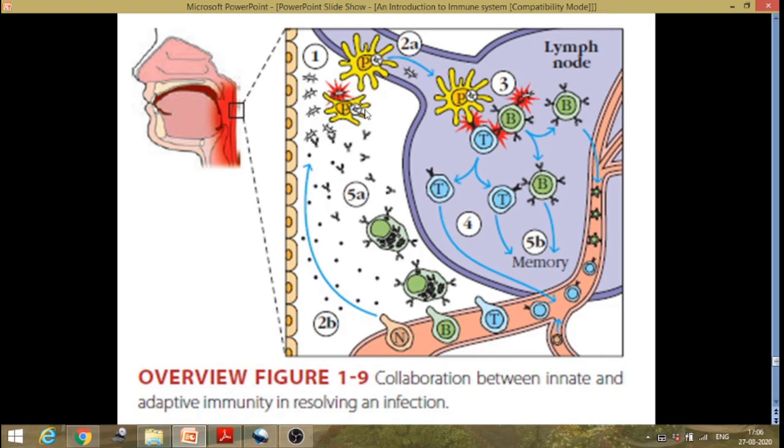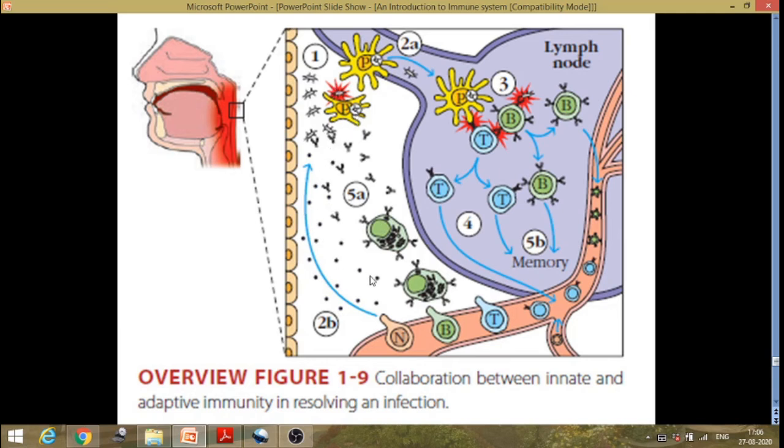Then they do two things simultaneously. First, they migrate to the nearby lymph node and activate adaptive immune responses. Second, they release chemokines and cytokines for initiation of inflammation at the site of infection.